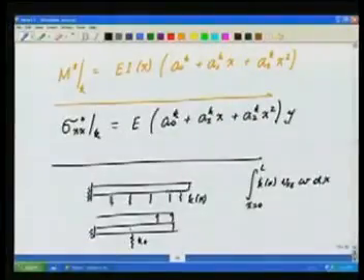So these are certain things that can now be easily handled, and I could also handle the problem where I have a distributed load which is transverse, and an axial force and an end load. That is, we can look at the combined beam bar problem, where both in-plane loads and transverse loads are there.